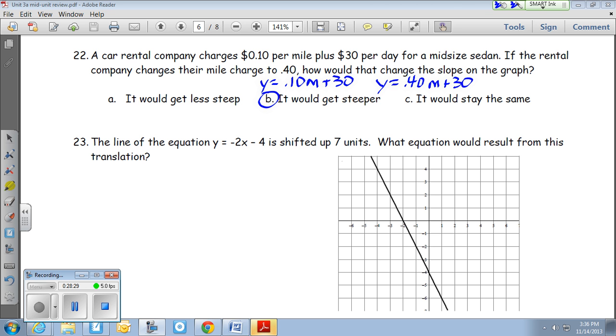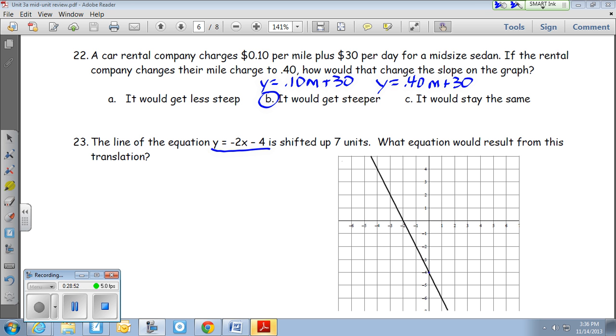On number 23, the line of the equation y equals -2x minus 4 is shifted up 7 units. So what equation would result from this translation? What I see here is the graph for the original equation, but if I'm going to go up 7 units, I'm just going to use my y-intercept as my home base.